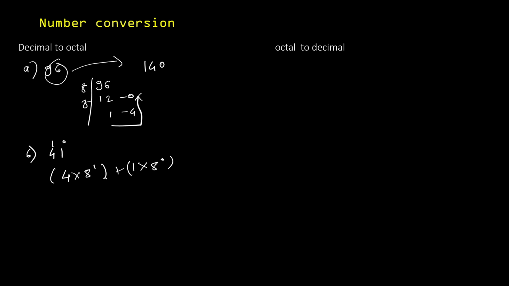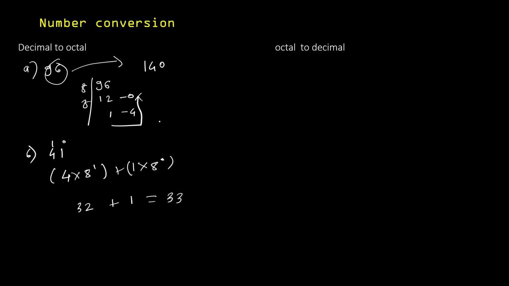So 4 into 8 raised to 1, 4 8s are 32, plus 8 raised to 0 means 1, and 1 into 1 is 1. So this is 33. This is our decimal equivalent for the octal number 41. This is how we can convert octal to decimal and decimal to octal.